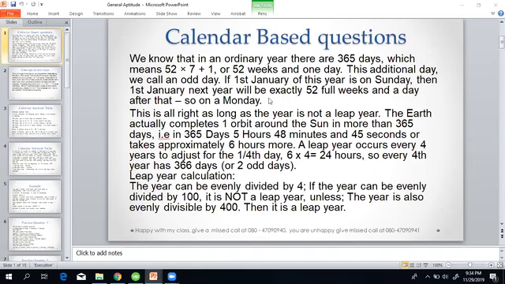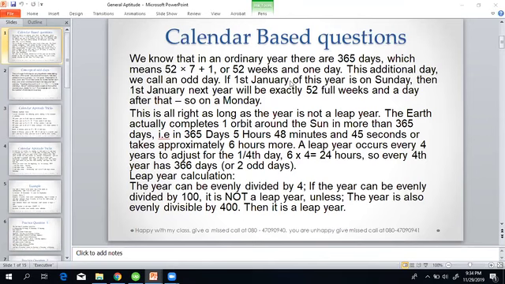Okay, let's do the calendar based questions. In an ordinary year, meaning a normal year, there are 365 days, which means there are 52 weeks and 1 day. That 1 day is known as the odd day, because it is not in the complete weeks. There are 52 complete weeks and one odd day.